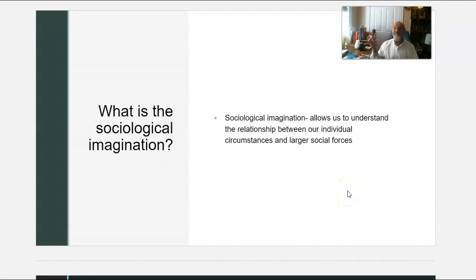Okay, I'll give you a good example from our own recent history. A man named C. Wright Mills coined this term, sociological imagination, in the mid-20th century. He was a brilliant analyst of society, and he provided the following definition.